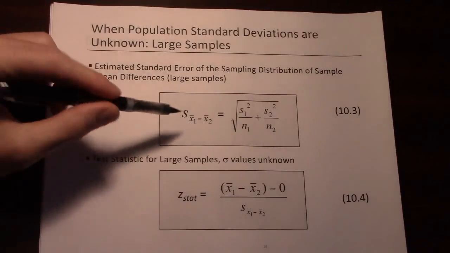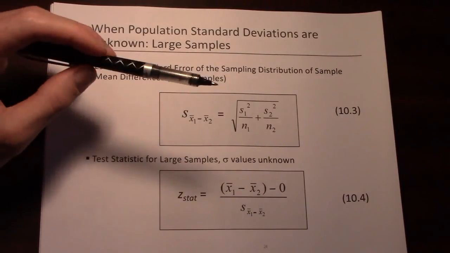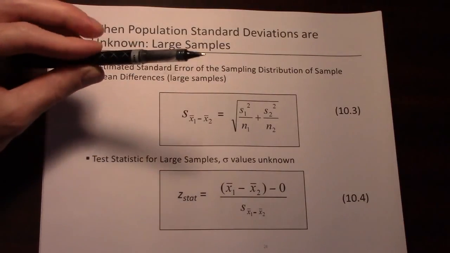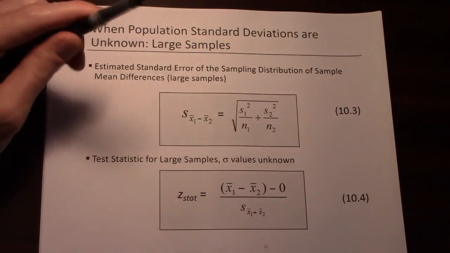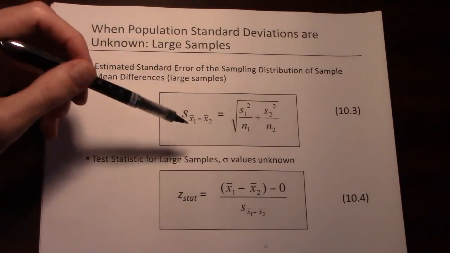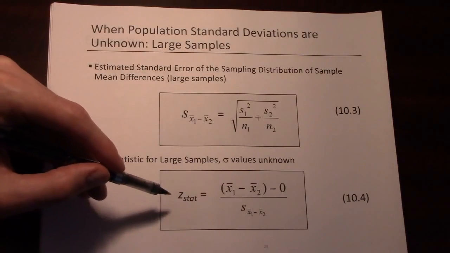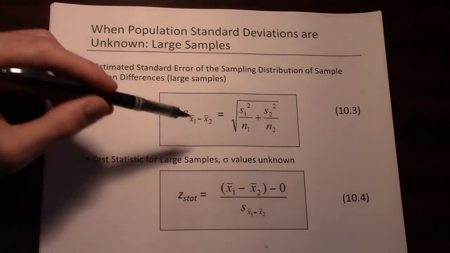So in the case where we do mean differences, both when we're calculating a confidence interval for mean differences, and now that we're doing hypothesis testing for mean differences, we're good with using the z-statistic.